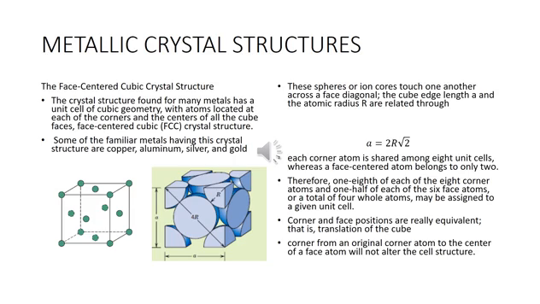The atoms touch each other, and we can have a relationship between the length of our cube and the radius of each atom. This is represented by this equation: a is equal to 2r root 2. The derivation will be done during the tutorials.